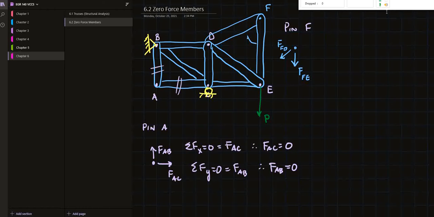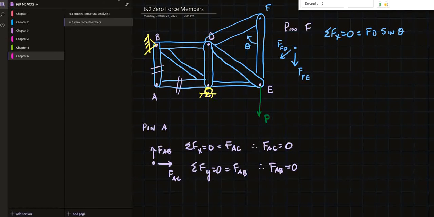So let's just say there's a theta here. Let's sum forces in the X direction equals 0. So I've got FD sine of theta.